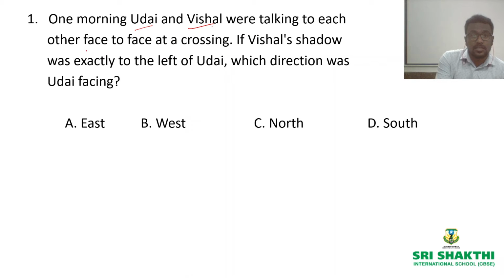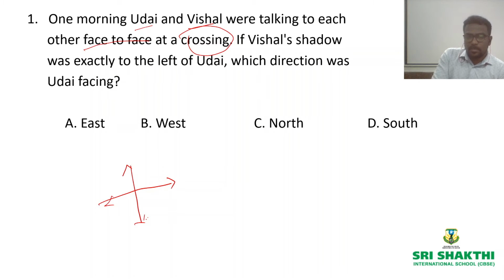The next hint is face to face at a crossing. Crossing is nothing but a place where two roads or two paths cross. And the second hint is that Vishal's shadow was exactly to the left of Uday.